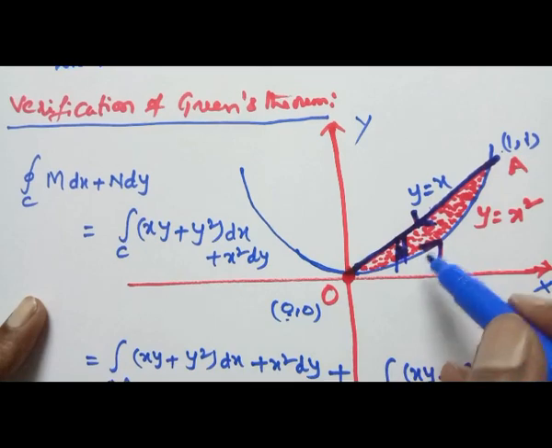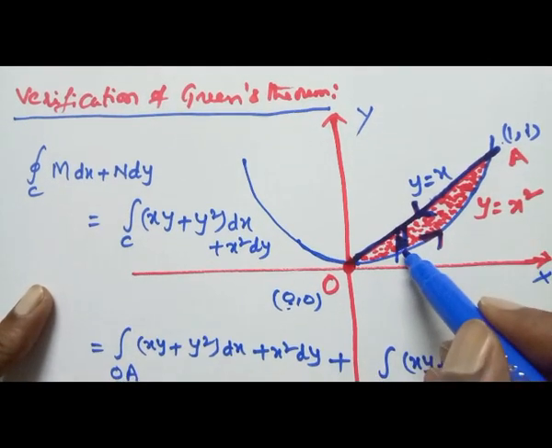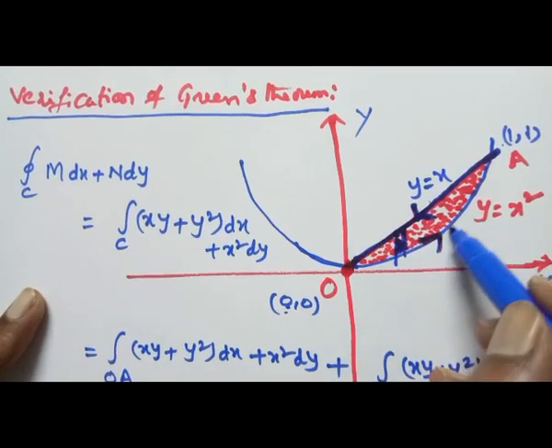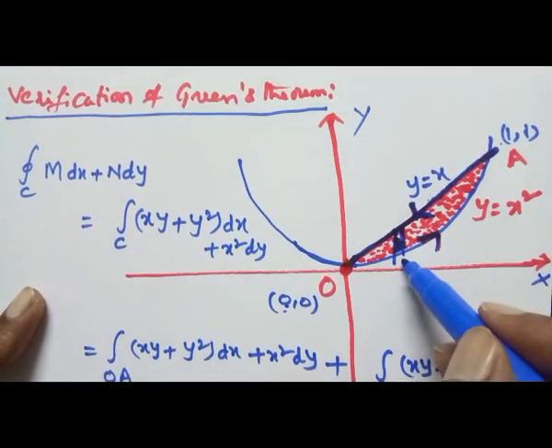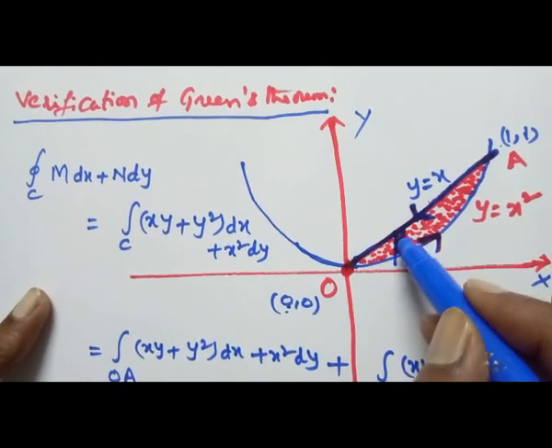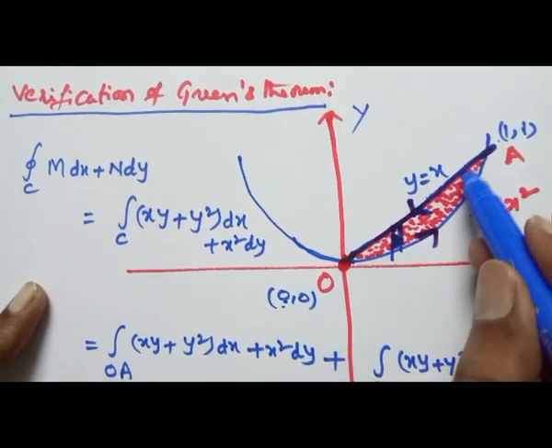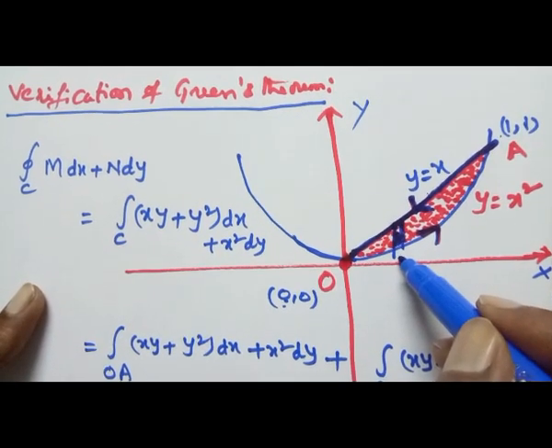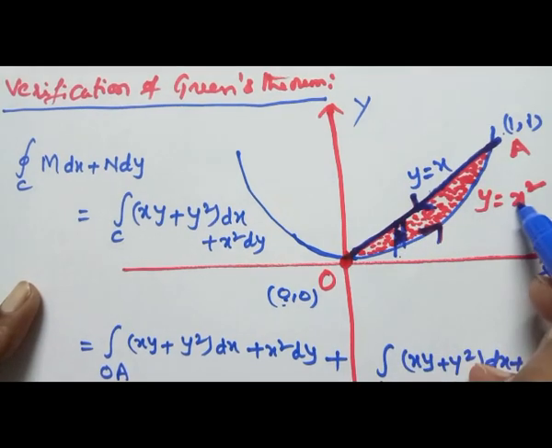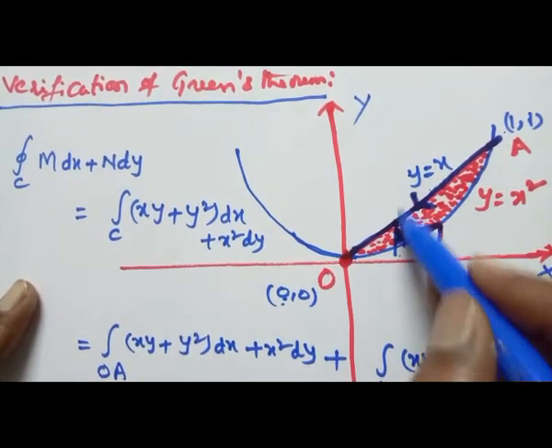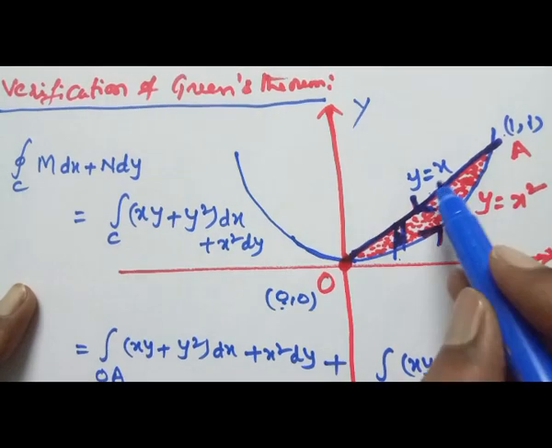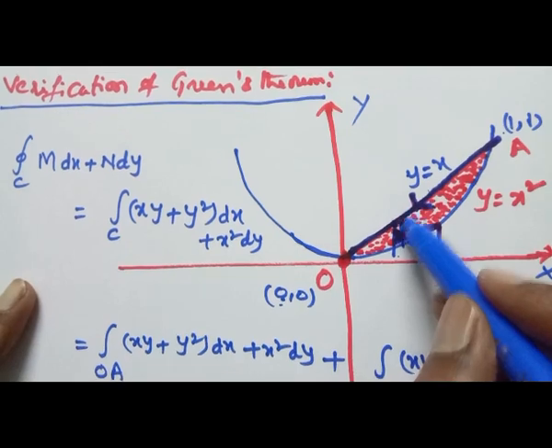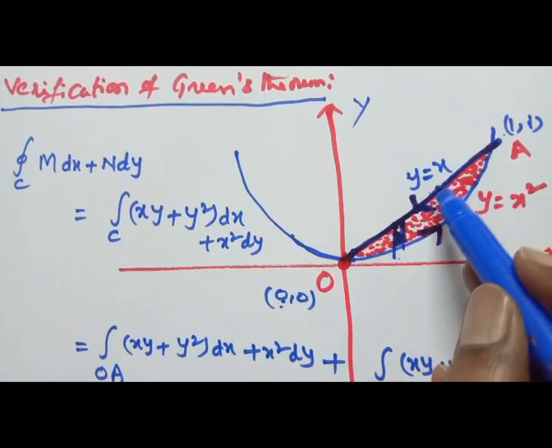For this vertical strip, the lower end lies on the curve y equal to x square, and the upper end lies on the line y equal to x. Therefore, y varies from x square to x.